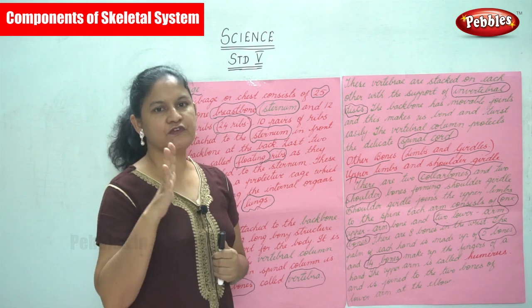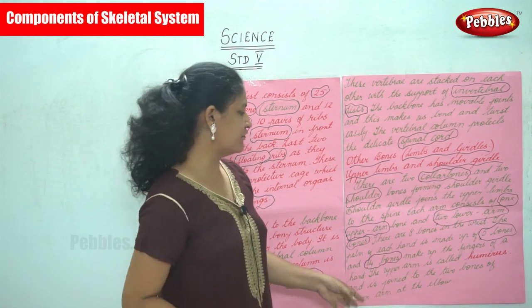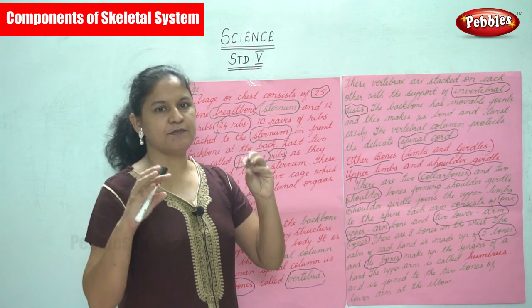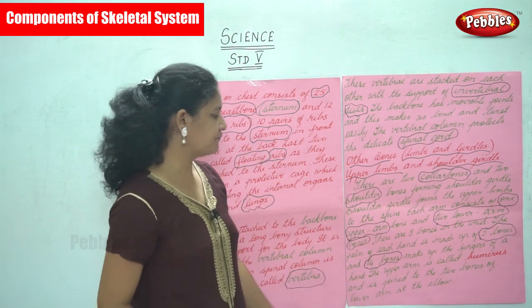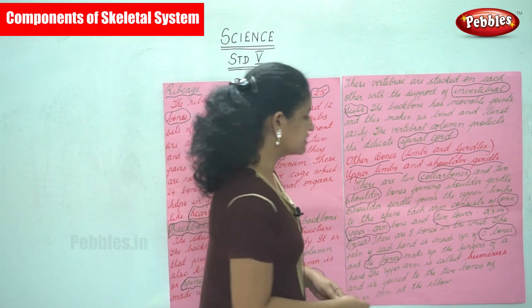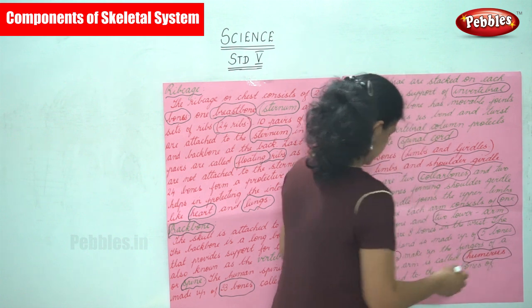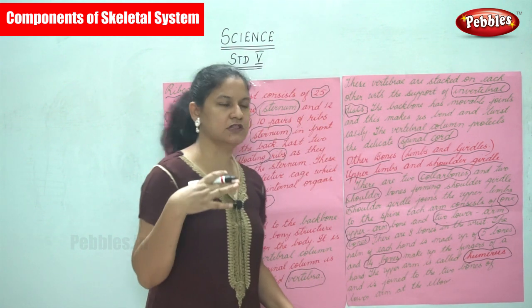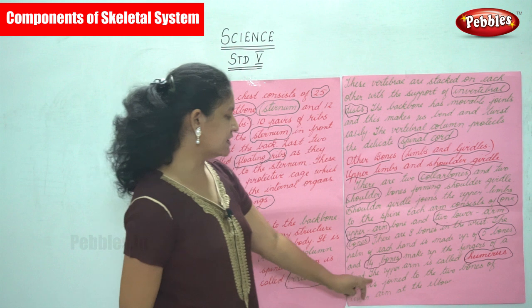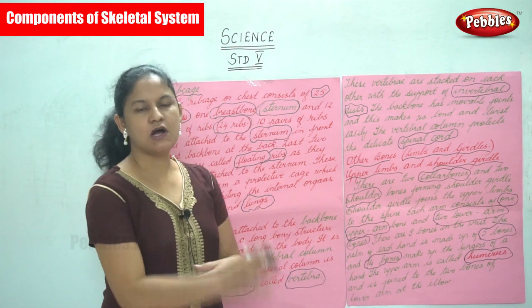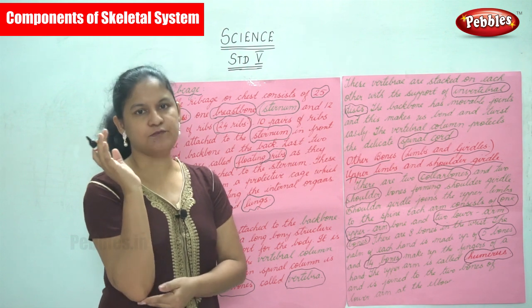The palm of each hand is made up of 5 bones, and 14 bones make up the fingers of a hand. The upper arm is called the humerus and is joined to the 2 bones of the lower arm at the elbow.